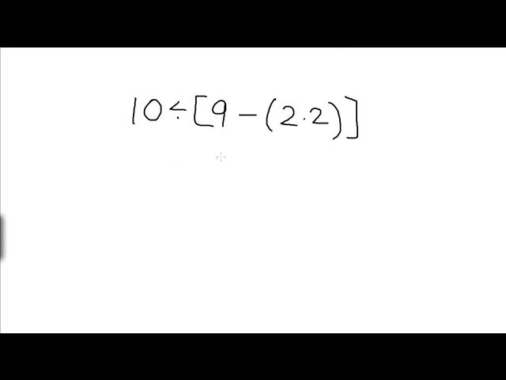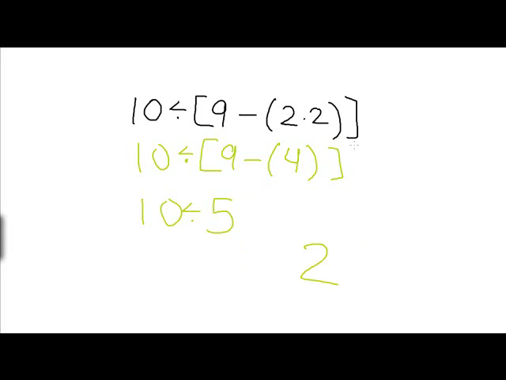Well, it would be a little bit simple because you always have to do the parentheses first. So, 9 minus 4. Now what is 9 minus 4? This is still the parentheses, so I still got to do that first. What's 9 minus 4? Well, it's 5. What's 10 divided by 5? 2. So 2 would be the answer.